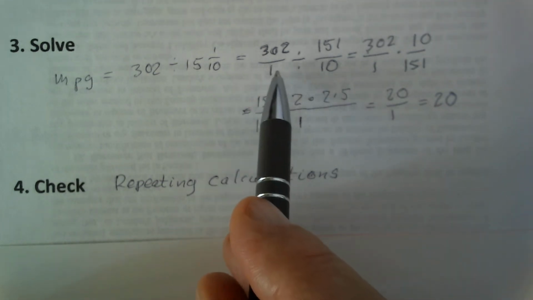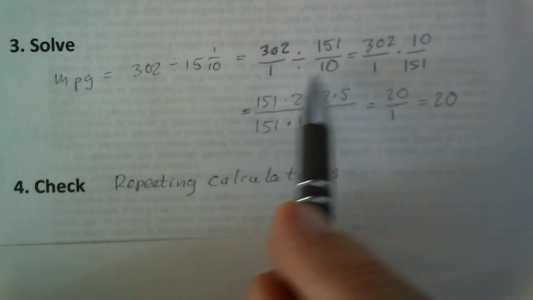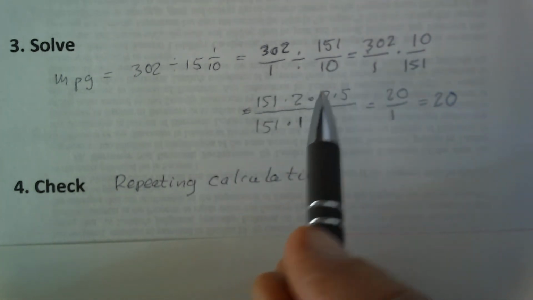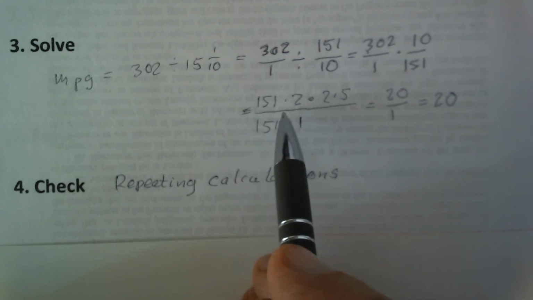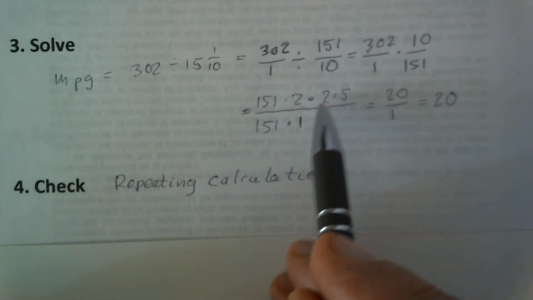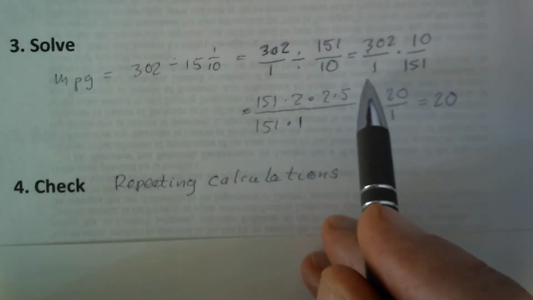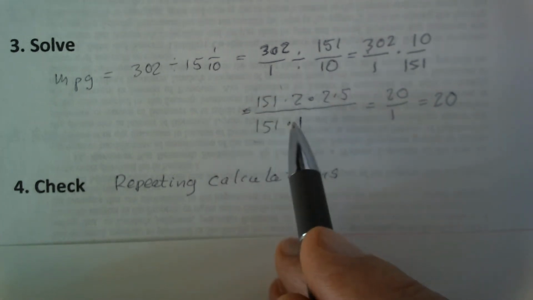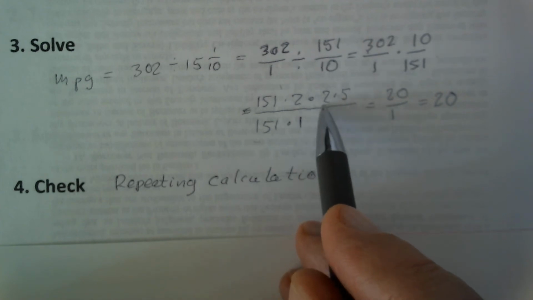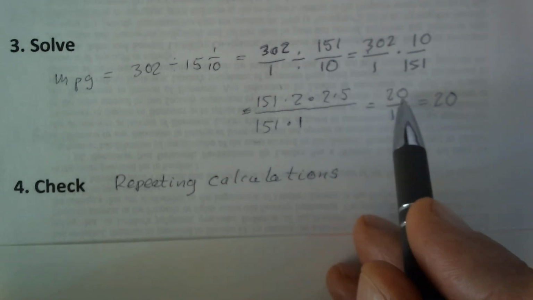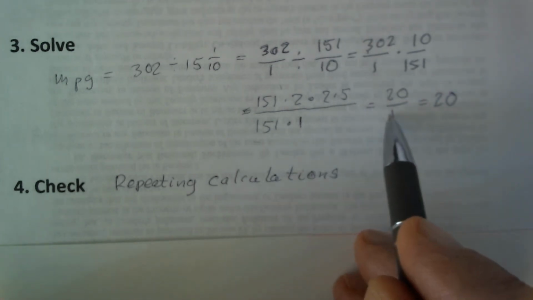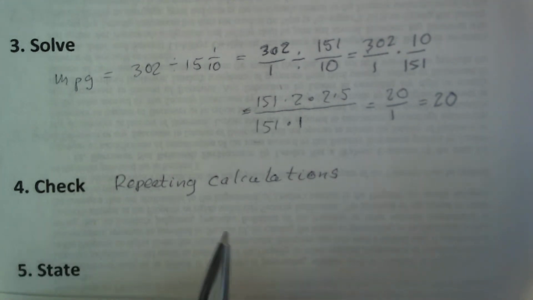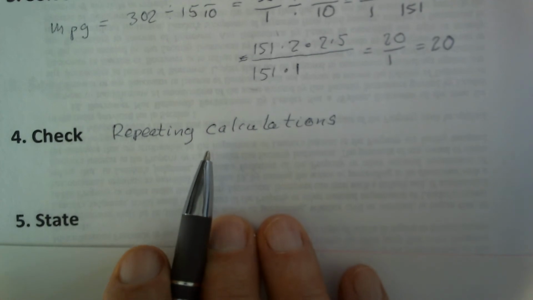So 302 divided by 1, that works out. 151 divided by 10, multiplied by the reciprocal. 302 is 2 times 151, and 10 is 2 times 5. In the denominator, we have 151 times 1. So this is equal to 1. That leaves us with 2 times 2 times 5, which is 20, and then 1 in the denominator, and that's equal to 20.